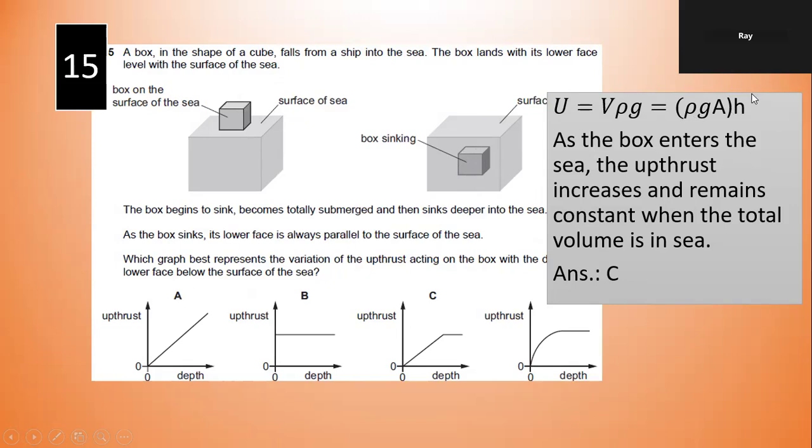This is not a good formula. This formula will tell you this way, but the upthrust depends on the volume of the box. So when it's completely inside already, the upthrust doesn't increase anymore. According to graph C, the depth is zero, still increasing, then after a certain point when the volume is completely inside the water, it's constant.